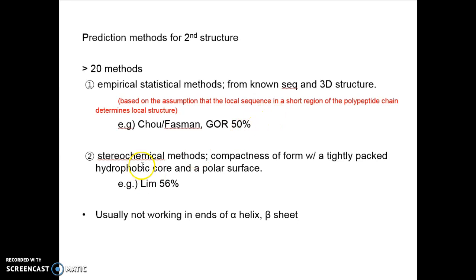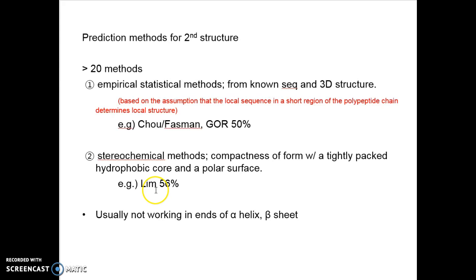The second type is based on stereochemical criteria, such as compactness of form with a tightly packed hydrophobic core and a polar surface.